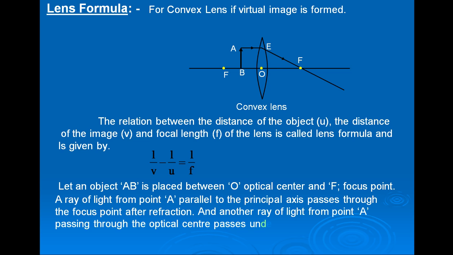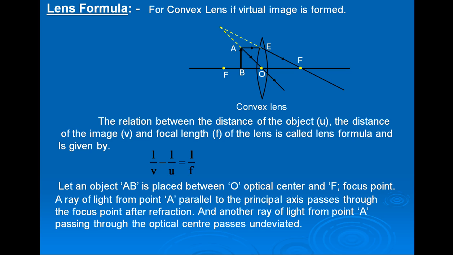And another ray of light from point A passing through the optical center passes undeviated, according to third rule to draw ray diagram. So this is the incident ray AO passing through optical center, and it passes undeviated.